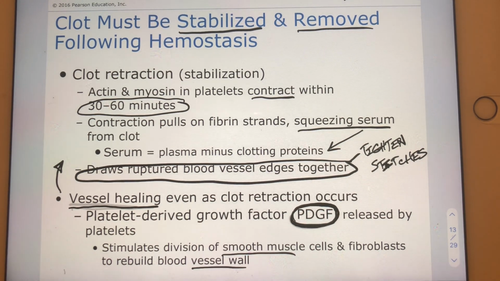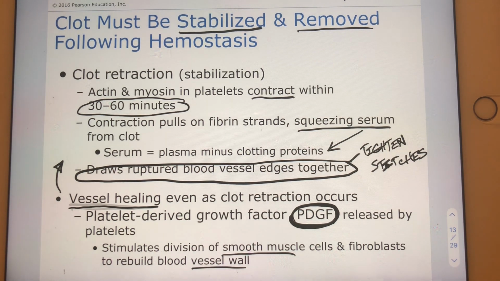This is just one of the chemicals that's released by platelets when they become activated. So really, vessel healing starts very early, even before we're totally done forming the clot.